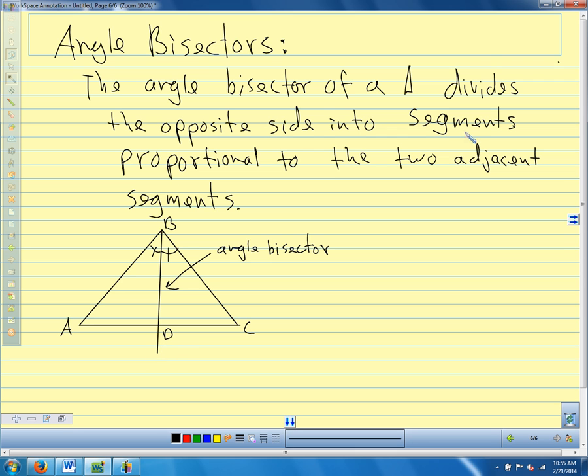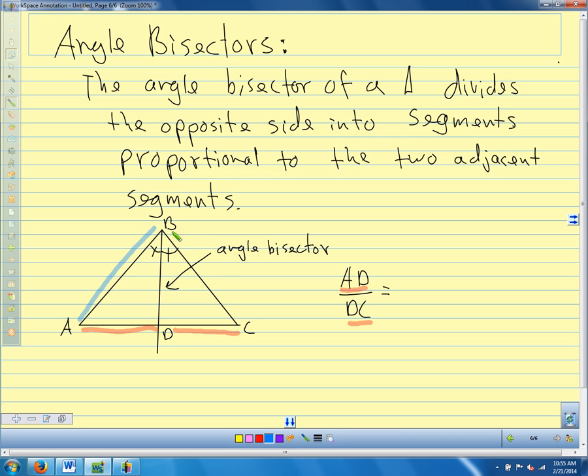It divides the opposite side into segments. So here are the segments that the opposite side has been divided into. Those are proportional, so that tells me that AD over DC, those are those two pieces. And that is proportional to the two adjacent segments. Well, here are the adjacent segments.